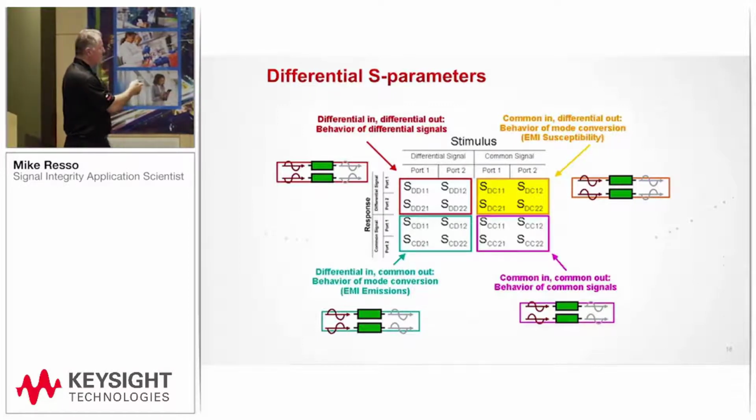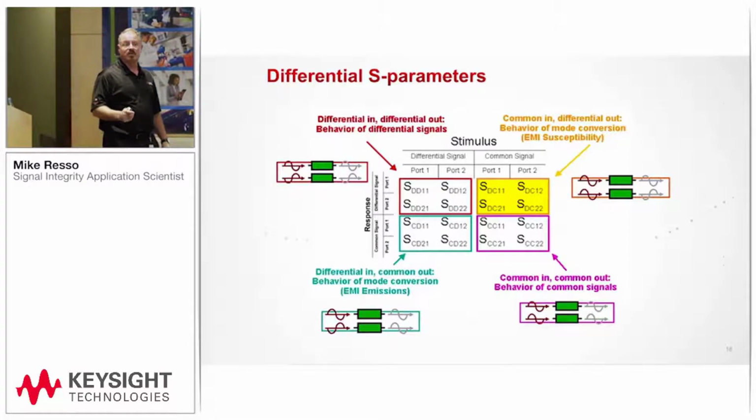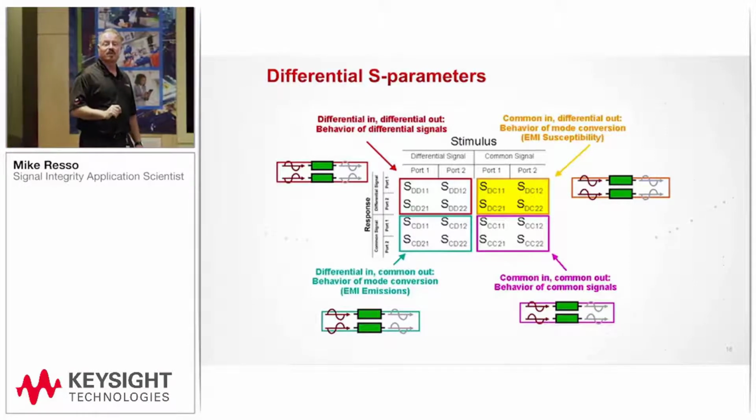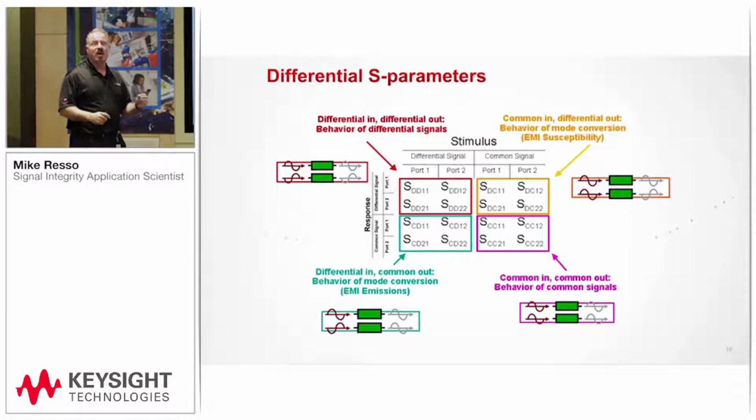And so all of these numbers in here should be extremely low, if not 0, for a perfect differential transmission line. However, in some cases, manufacturers don't build things the way we design them. So in that case, you may have some asymmetry. You could have a solder blob that ends up on one line and not the other, or maybe a little dig in one leg of the differential pair that's not on the other.